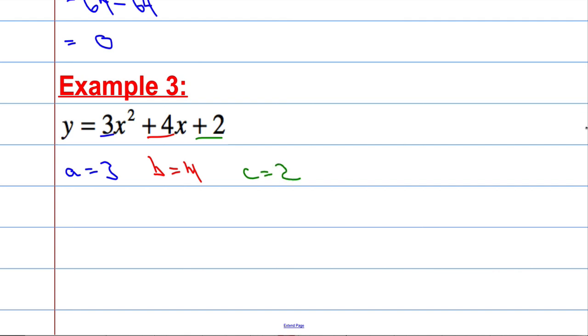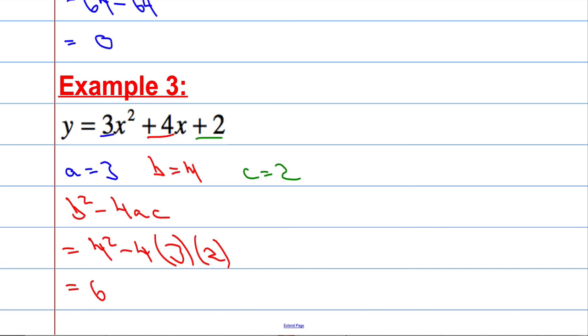Okay, so we're going to work out b squared minus 4ac again. So b squared minus 4ac equals 4 squared minus 4 times a, which is 3, times c, which is 2.